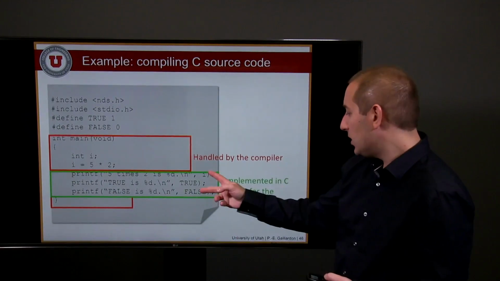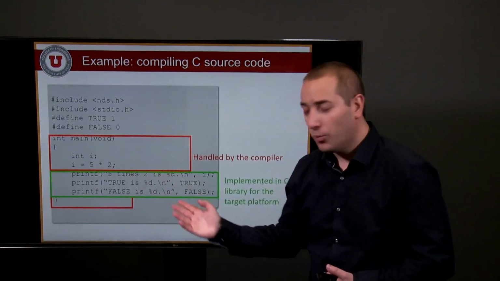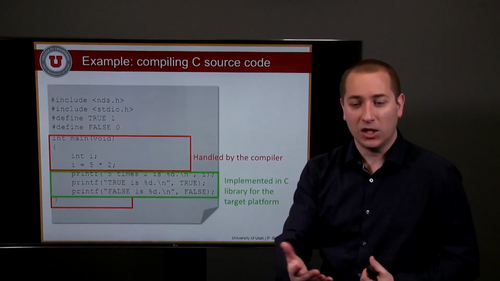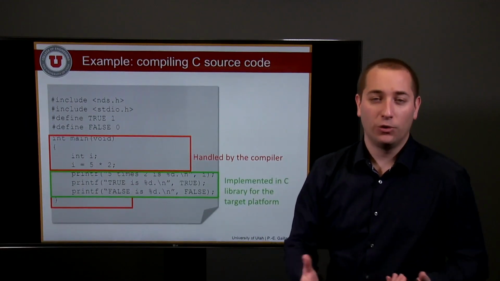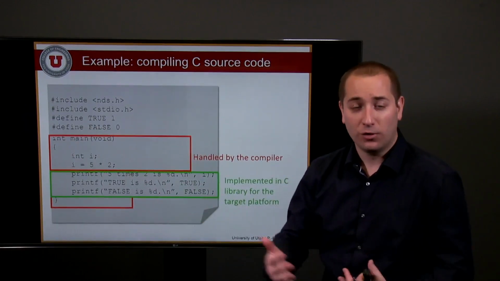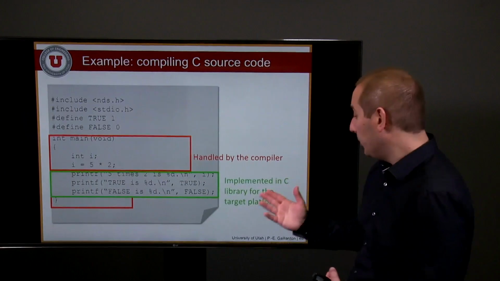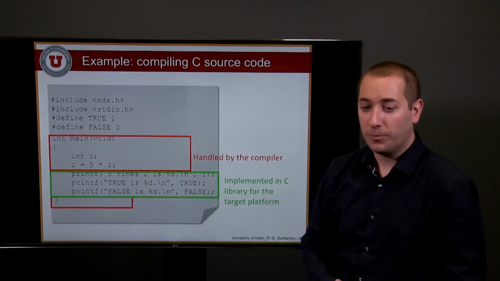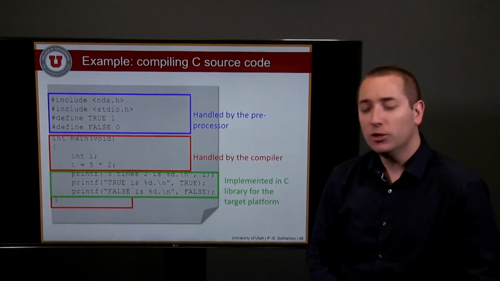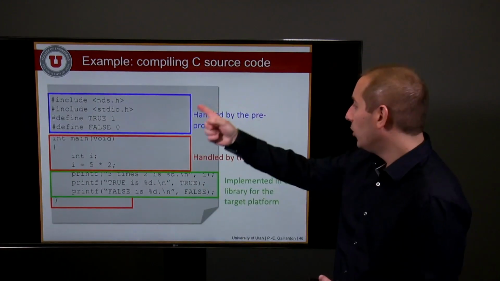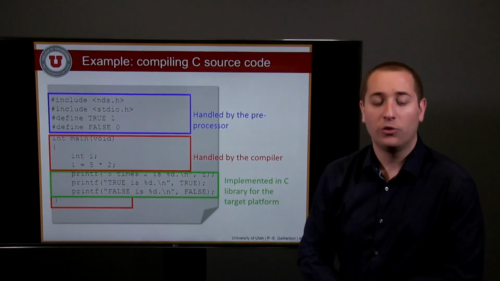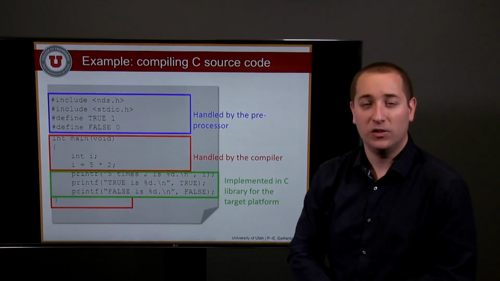In addition to that, you have a couple of printf calls in this example that will simply link to C libraries for the target platform. So all of that can be translated from one target to another, simply by having a different set of libraries. And finally, I'd like to point out the include files and defines, which are the portion handled by the preprocessor, which is also somehow part of the ANSI C subset.